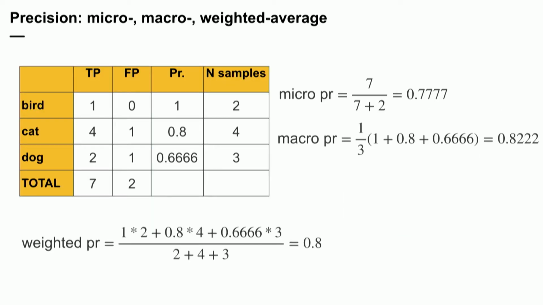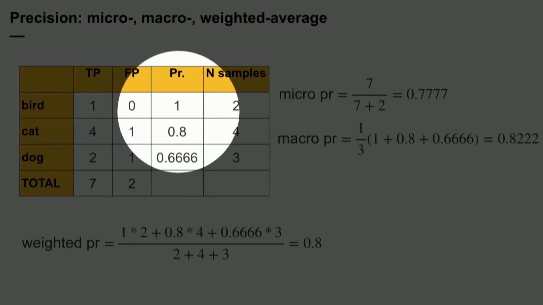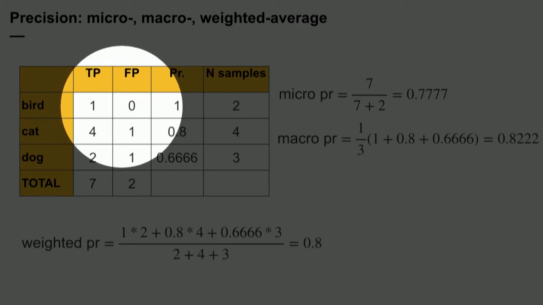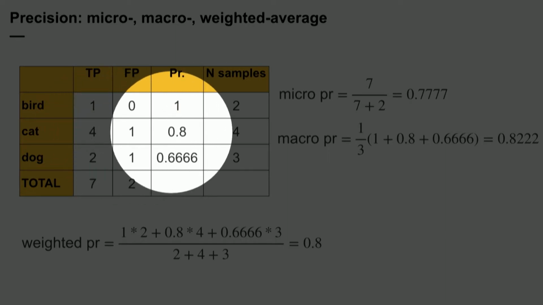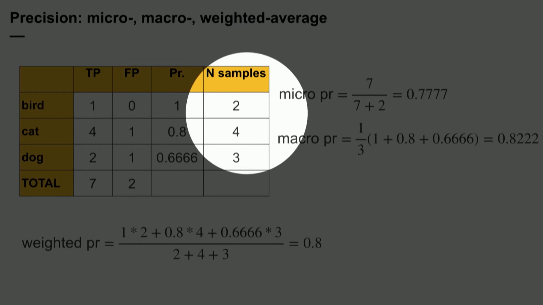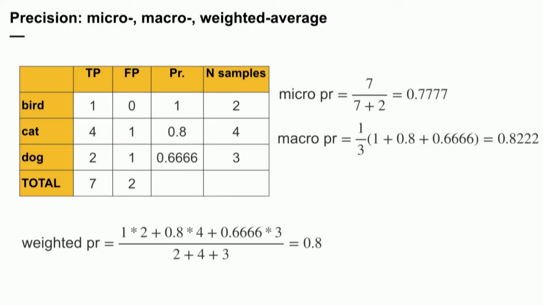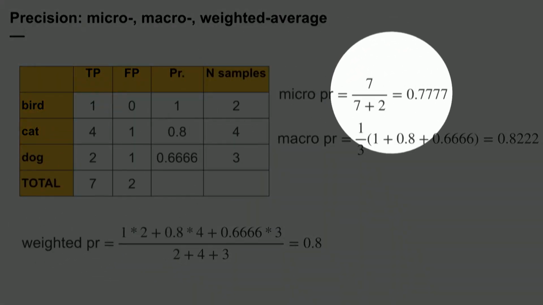Now we can calculate precision per class. So 1 divided by 1 plus 0, that's 1, 4 divided by 4 plus 1, 0.8, and so on. And we're going to write down the number of samples in each class. So now, micro-precision, we're going to take the totals to calculate it.